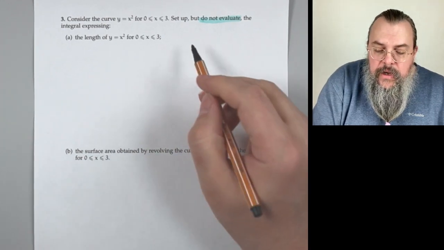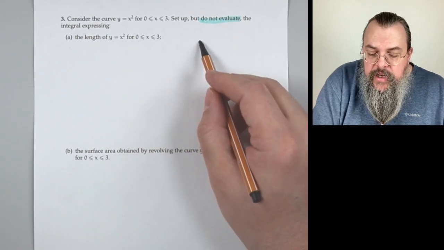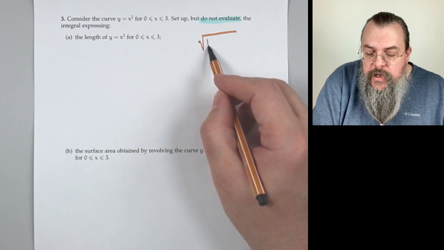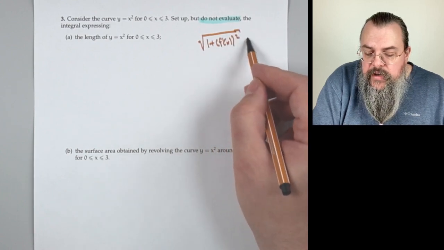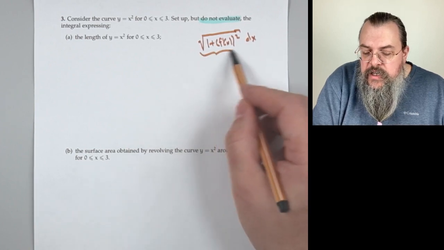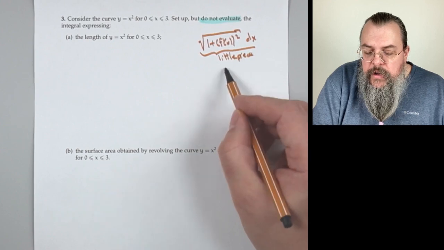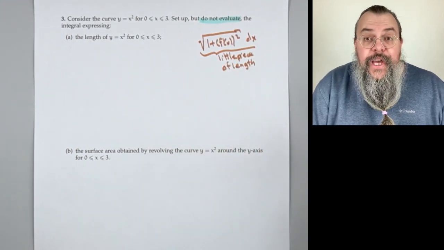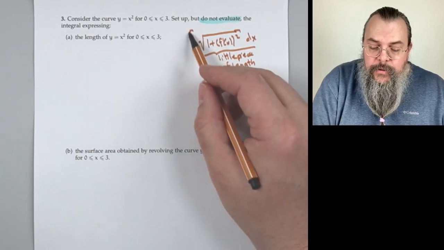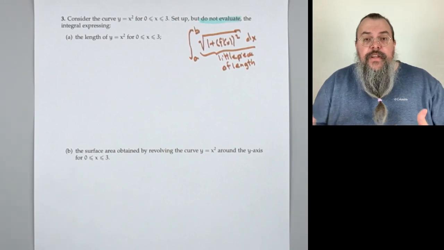A little bit of length is found by taking the square root of 1 plus f prime of x squared, dx. That's just a little piece of length, but we want the whole thing, and so we add it up. So that is the formula.